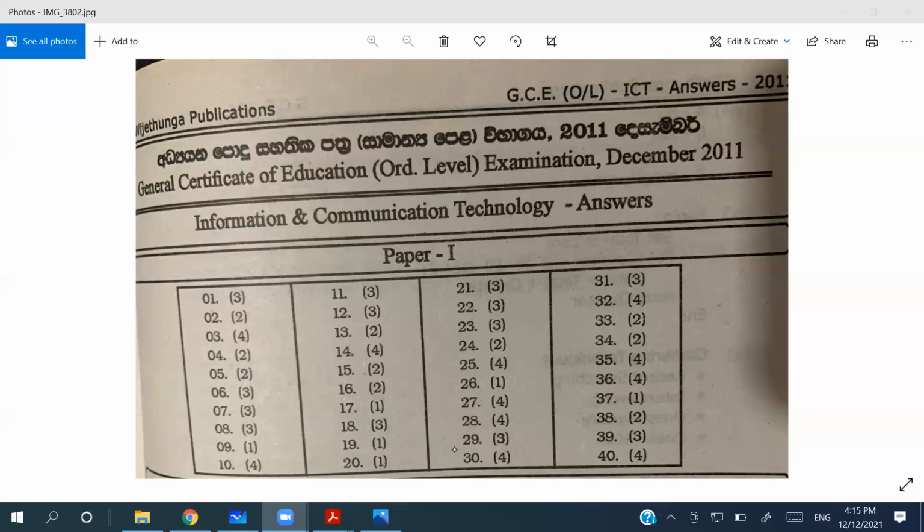And Onetra, 13, 24, 39. And Dulagi, 8, 17, 30. Okay.